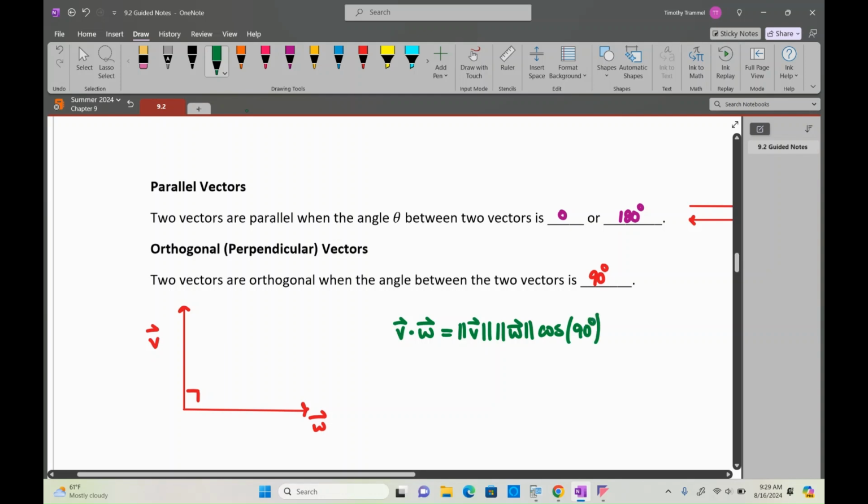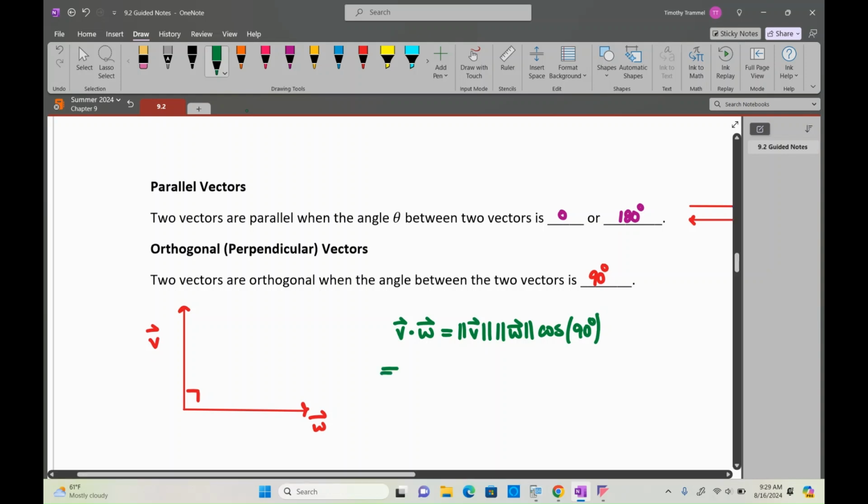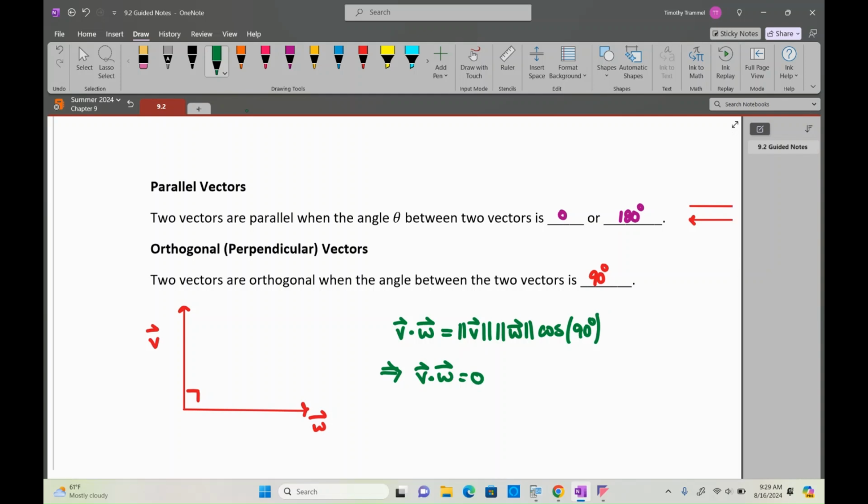And so I want you to think here for a second, what is cosine of 90 degrees? Well, that's 0. So what happens here is we end up with v dot w being 0 if the two vectors are perpendicular. And we'll record that here on the next page.